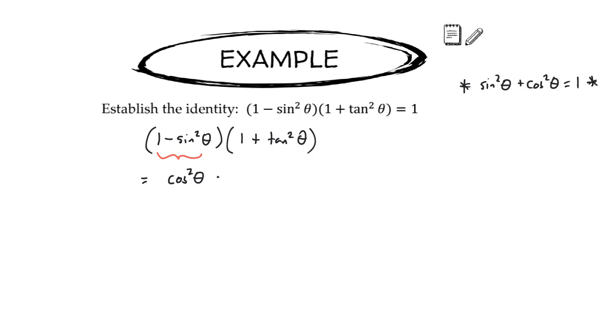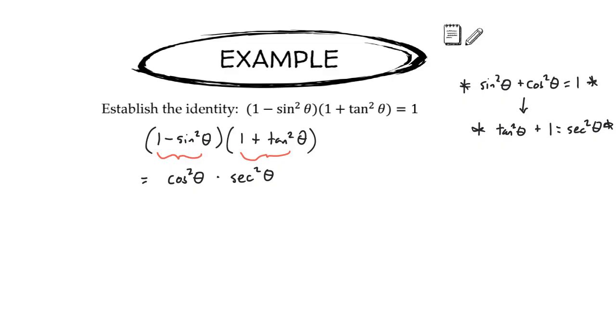I can actually do even better than that, because 1 plus tan squared is the result that we get when we take sine squared plus cosine squared equals 1 and divide through by cosine squared, right? That's another Pythagorean identity. And so I can replace 1 plus tan squared with secant squared of theta.